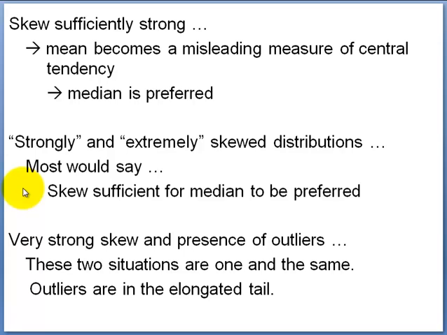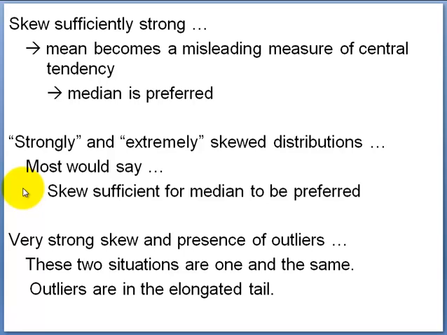I'm not sure I can give you a precise definition of when a distribution becomes so skewed that the median is preferred. But I would say perhaps for strongly and extremely skewed distributions, as we showed in the recent slides, the median is perhaps preferable.